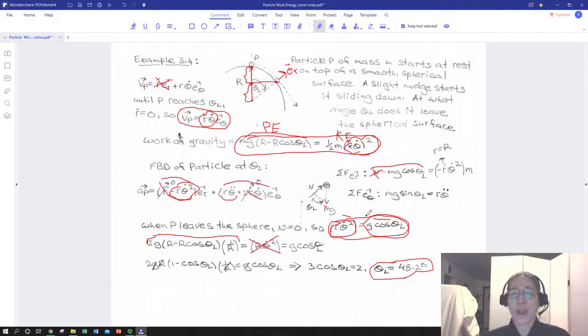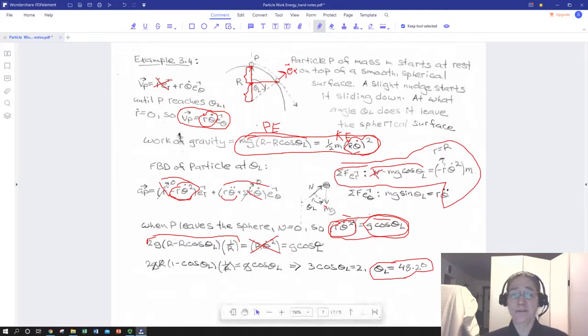No. We actually got that straight from one of our Newton's second law equations, the radial one only. It's all we needed. The work energy really came in handy to make the math easier and to give us an easier expression. Turns out we didn't really end up invoking the tangential or theta component of our Newton's second law either.